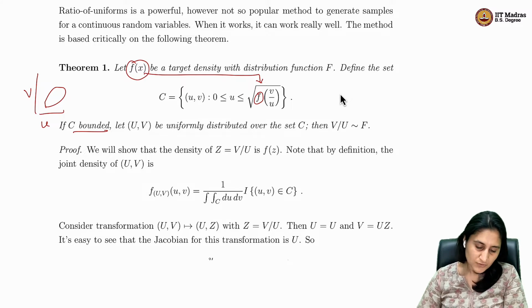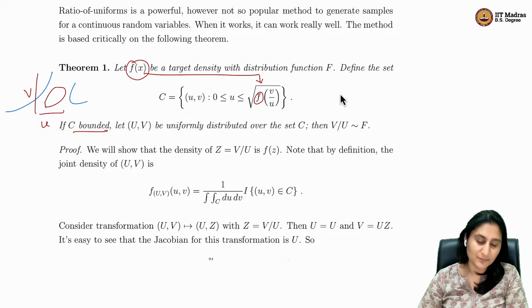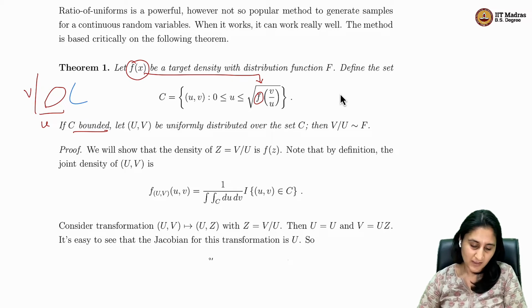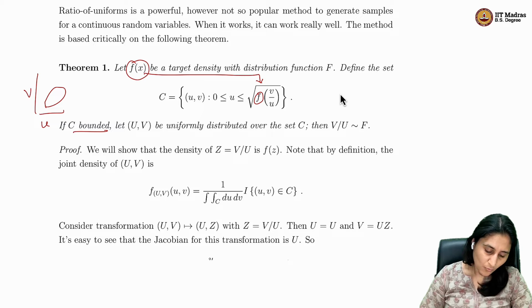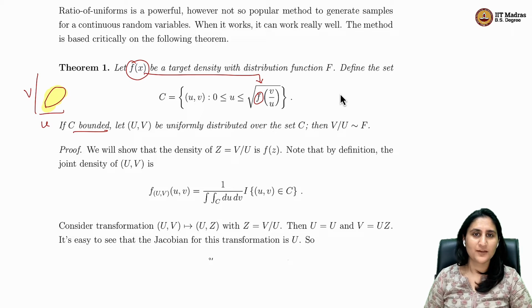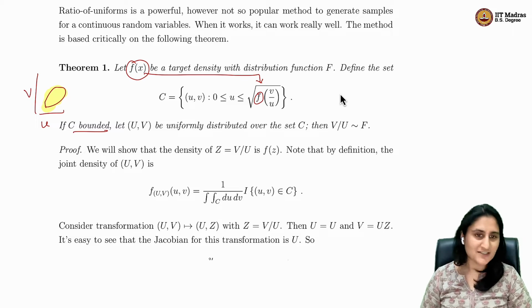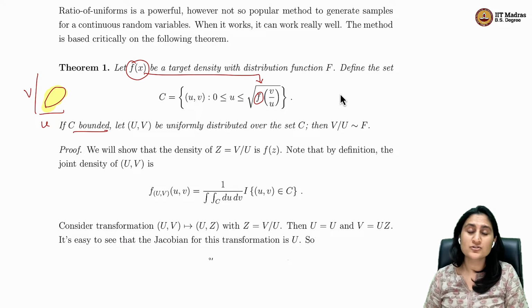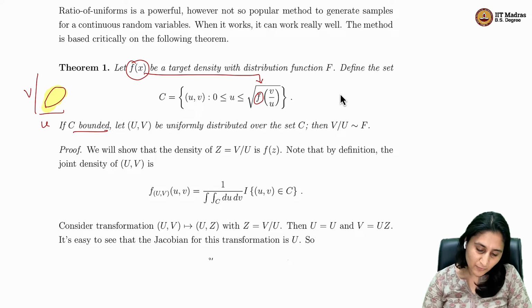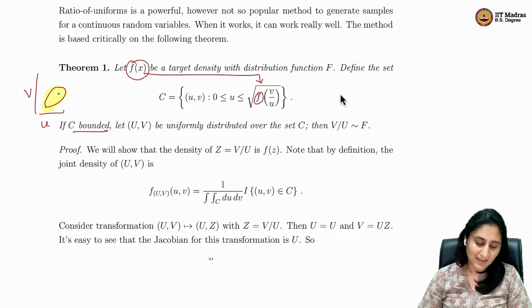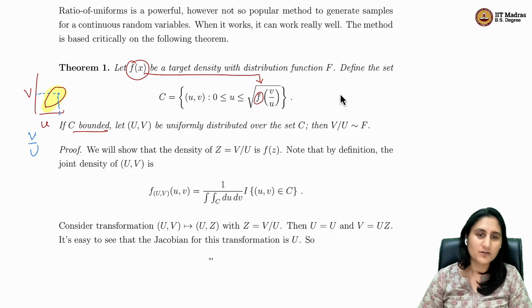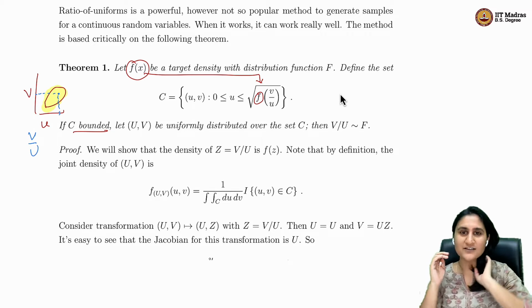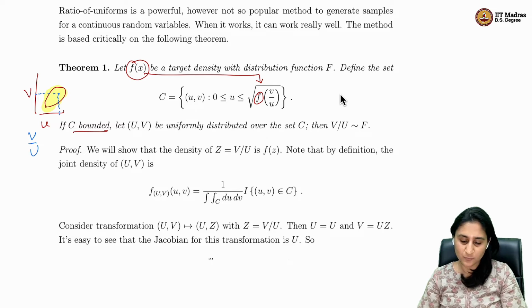It cannot look something like this where it's not bounded. If it is a bounded set, then you consider the uniform distribution over the bounded set, just like we considered the uniform distribution over a circle. Then take any point that is uniformly distributed over this bounded set, and if we take the ratio of that point's v coordinate by u coordinate, then that will be distributed according to F.